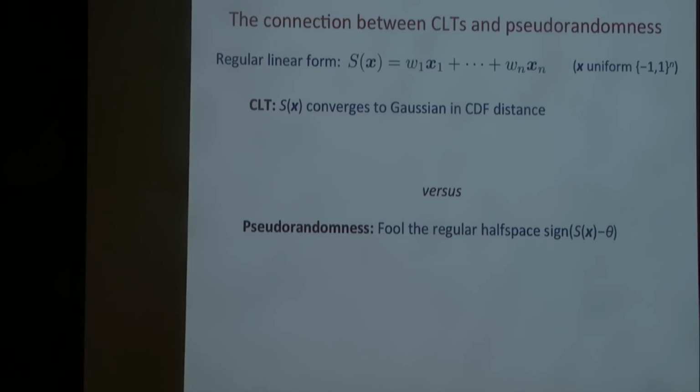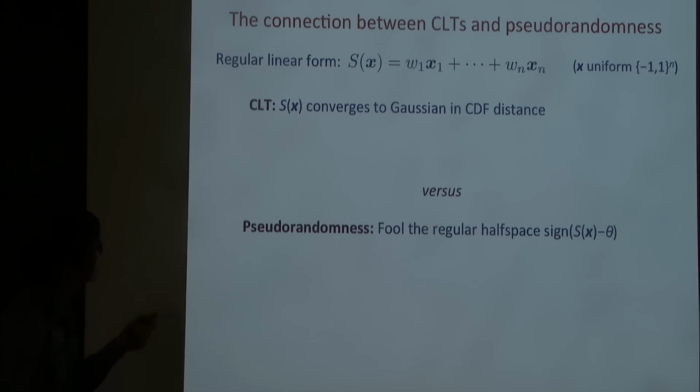Okay, so what does this have to do with the problem that I started the talk with? This is just a classic theorem in probability, but I claim the connection is very, very natural. Hopefully this slide will make that clear. So, a central limit theorem: fix a regular linear form. For concreteness, just think of it as majority. We're interested in the behavior of this linear form under uniform random inputs x.